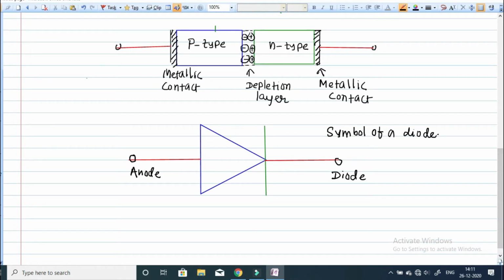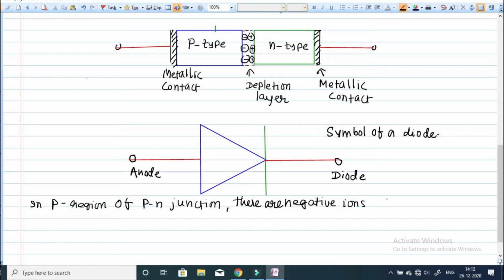In case of p-type semiconductor, in the p region of the PN junction, there are negative ions.